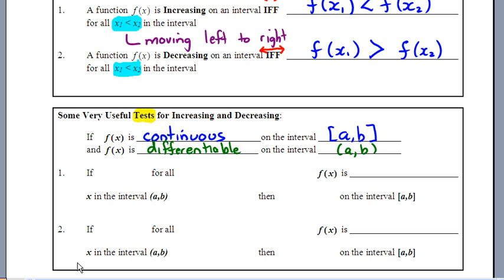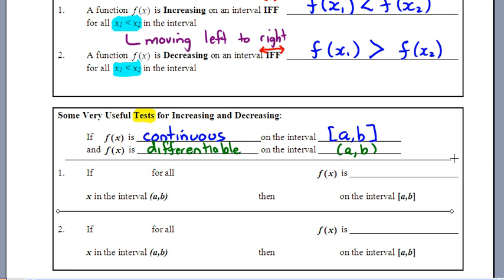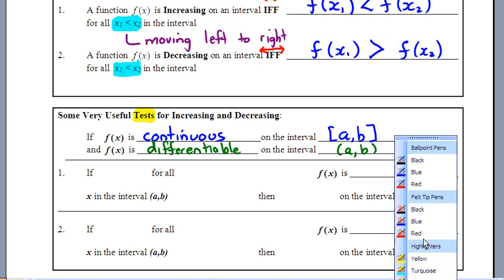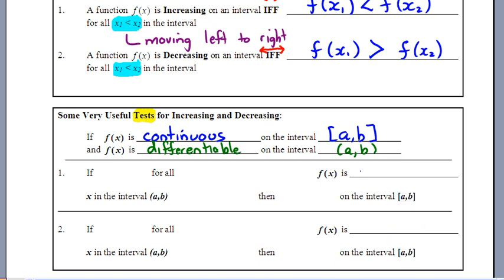So this table's a little messy here. Let me just split this up a bit. Okay. So number one, if you want to do a quick little test to see whether a function happens to be increasing, here is a way to know that it's increasing.